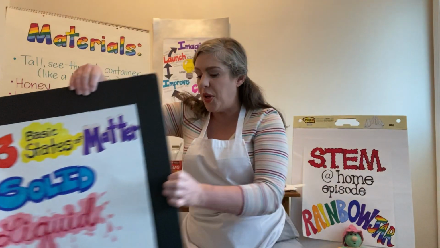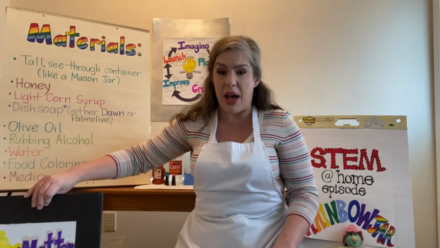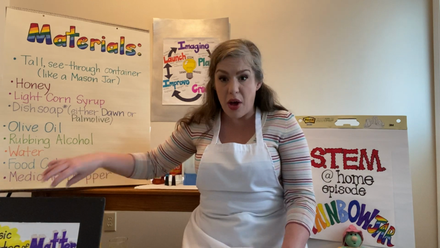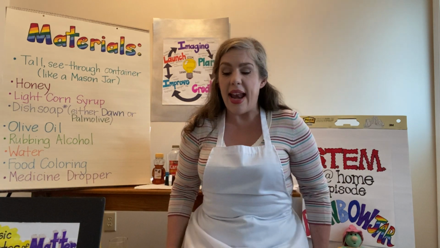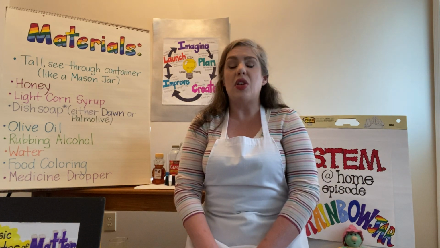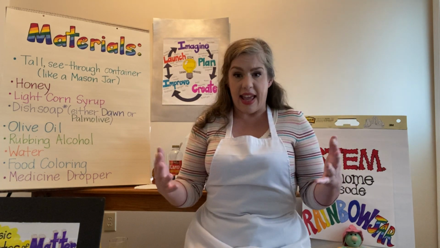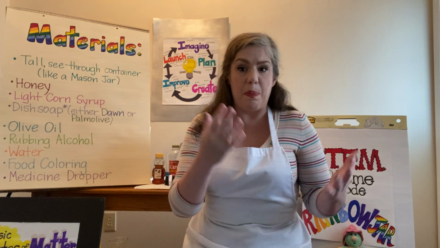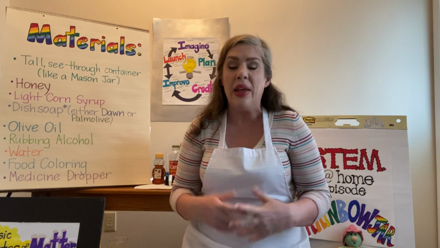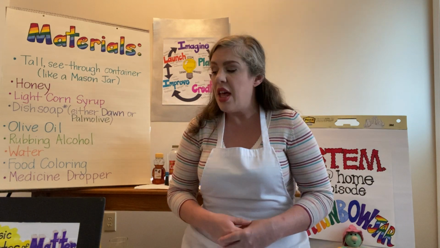In my classroom, I like to teach my kids about the three basic states of matter by showing them what happens in each state. So everything, as I said, living, non-living, everything around you is made out of matter.